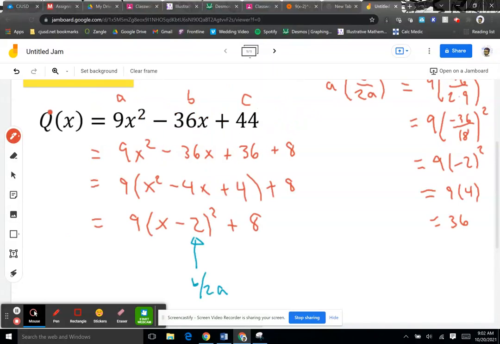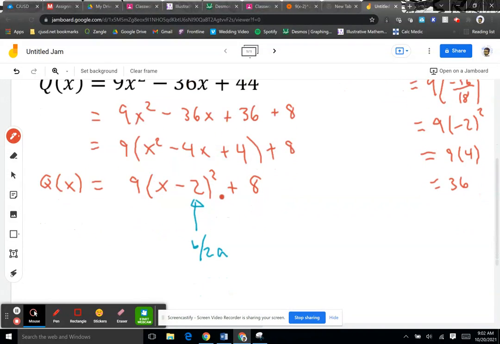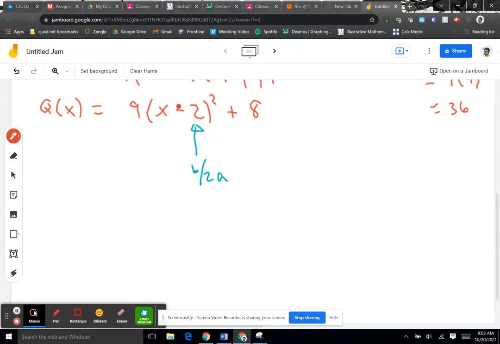So now we have rewritten Q into vertex form, and we can see what its vertex is. This minus 2 subtracting from the input is going to shift us to the right 2 on the graph. So we'll go over 2 to the right, and then plus 8 to the output shifts up 8.